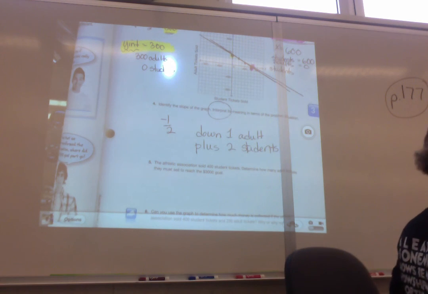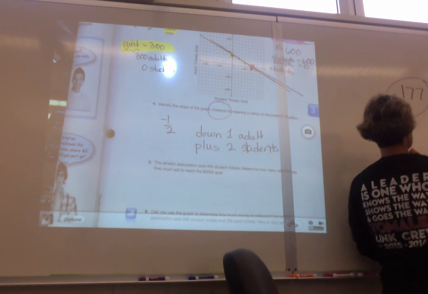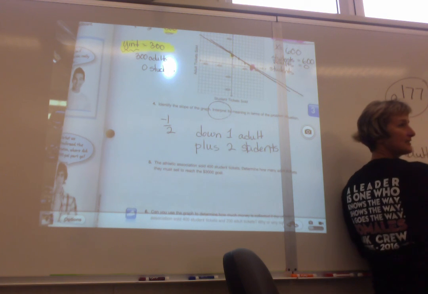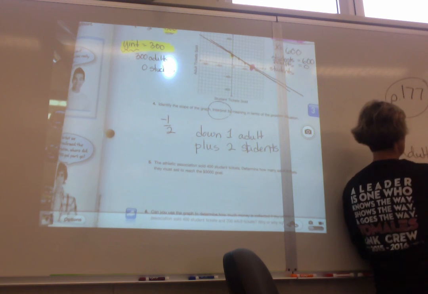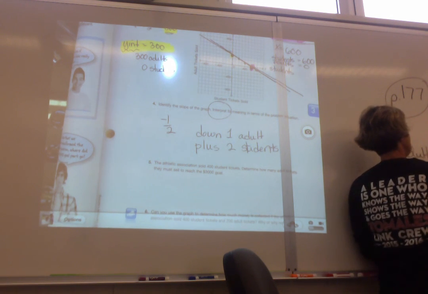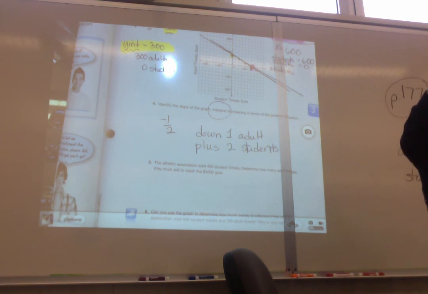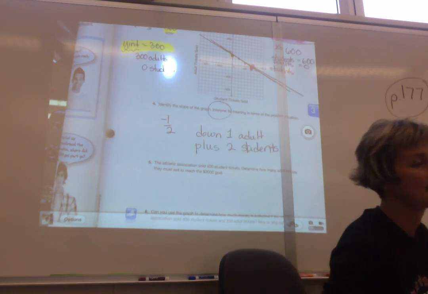Does that make sense? What was the price of adults? What is the price of students? 5. So if I want to make the same amount of money, anytime I have 1 less $10 ticket sold, I got to sell 2 $5 tickets. All right?